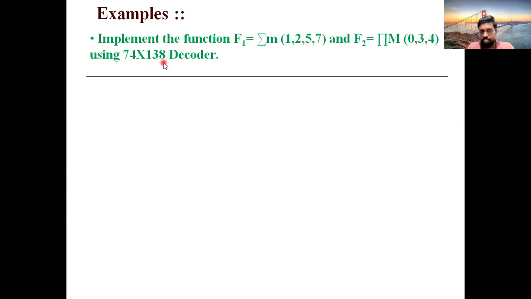We have already discussed that this decoder always has active low outputs. That means the given question comes under the active low output condition. So for active low output, SOP means NAND gate, POS means AND gate.